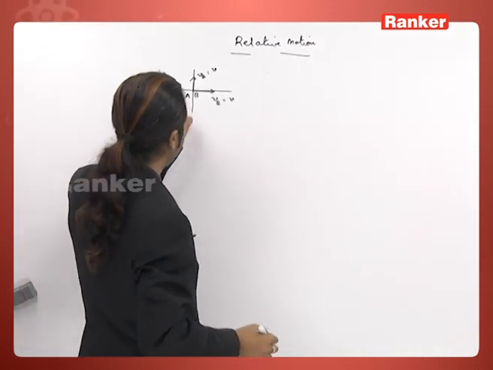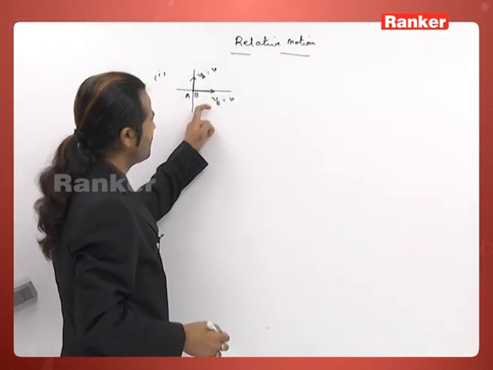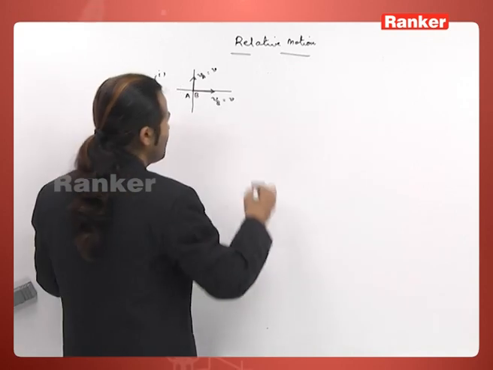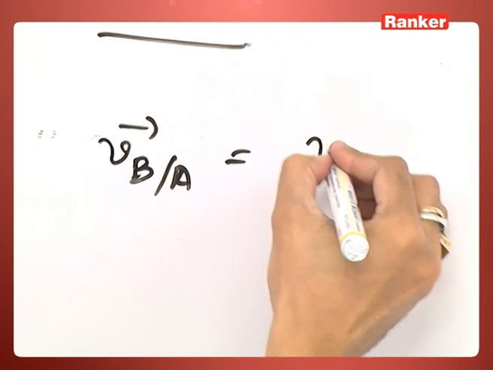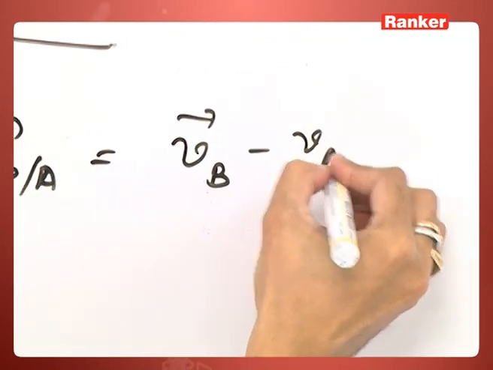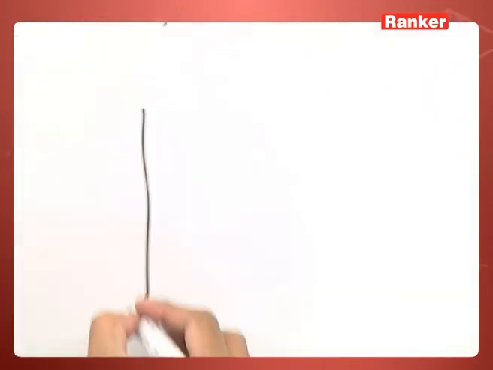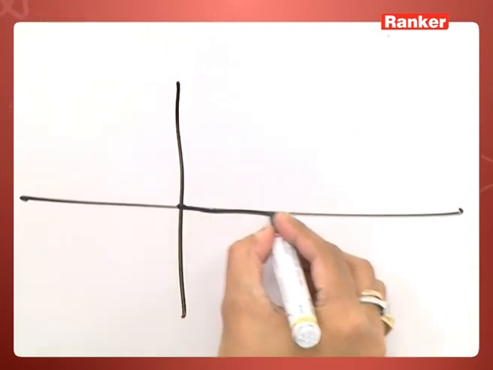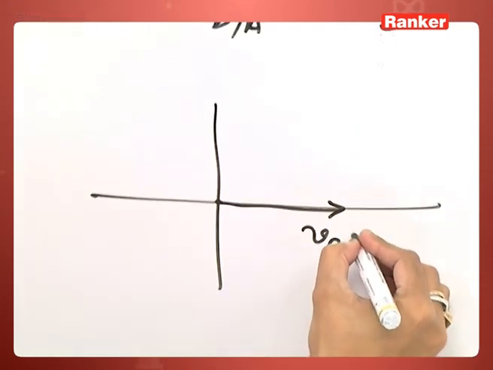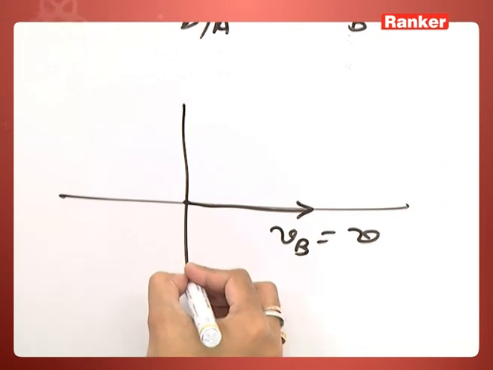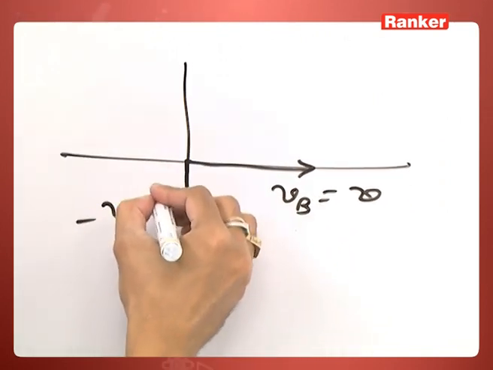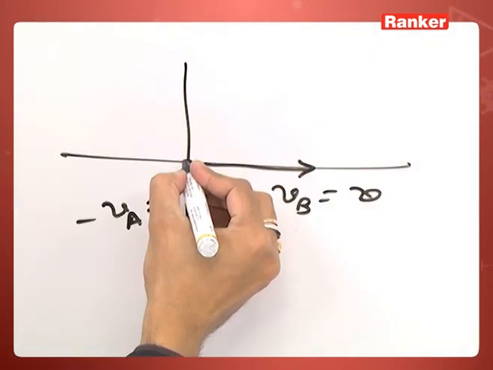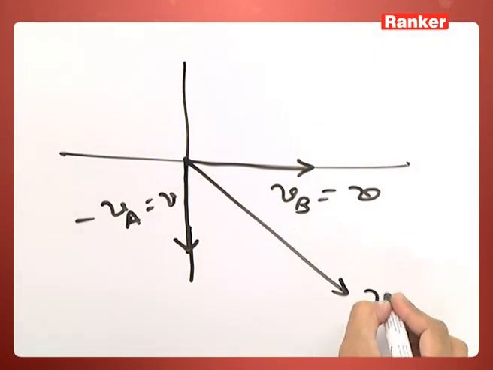Now this is a case where A is moving in the upward direction and B is moving in the horizontal direction. I want the velocity of B with respect to A. All vector equations can be used. VB is in this direction, minus VA. Minus VA means I have to consider the negative one, so the resultant of this will be in this direction.